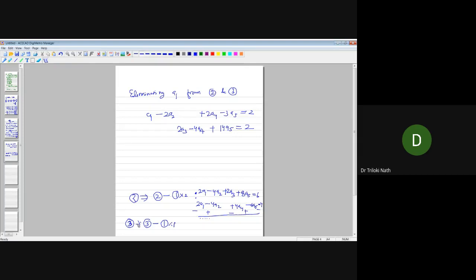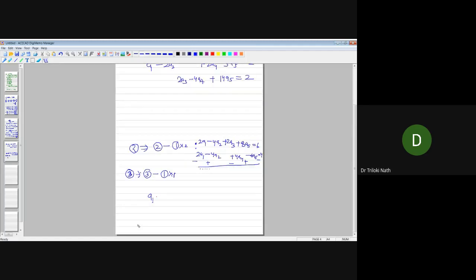Multiplication by 1 gives you no change, is not it? Right. So the first equation is a1 minus 2a2 plus 3a3 minus 3a4 plus 16a5 equals 8. This is the third equation.